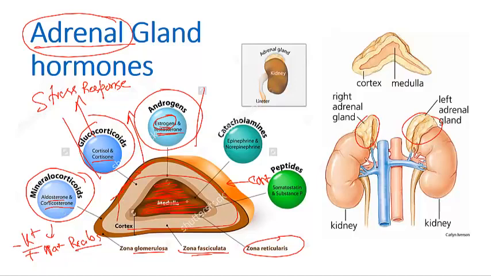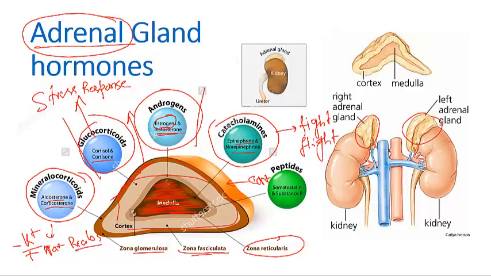There are hormones also secreted from the medulla. It secretes catecholamines and different sorts of peptide hormones. These catecholamines are epinephrine and norepinephrine, which help in another type of stress response and also facilitate the sympathetic fight or flight response.